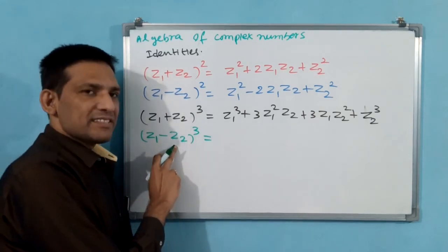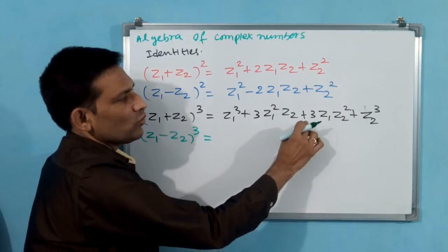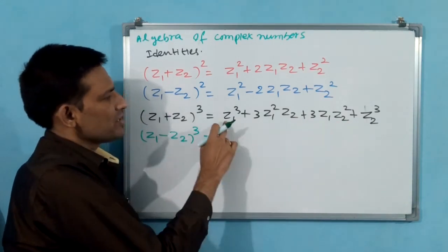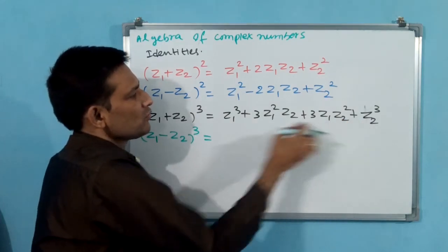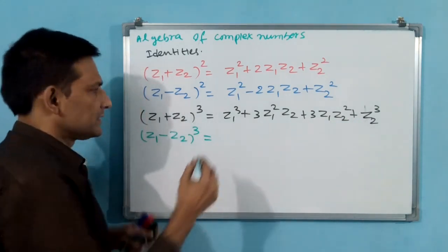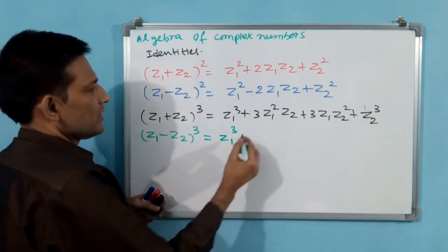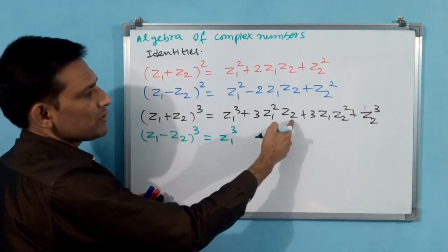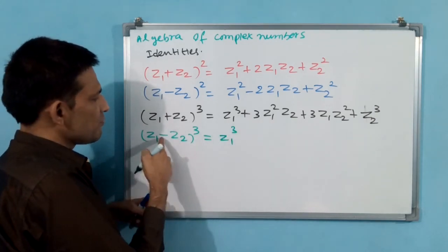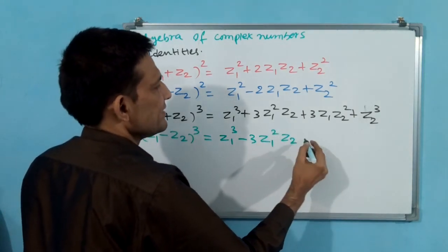Wherever Z2 square is there, it is positive. Z1 cube is positive. These two terms are going to become negative. Now Z1 cube, because Z1 is positive. Z1 square is there, but Z2 is single only, that is why minus 3 Z1 square Z2.